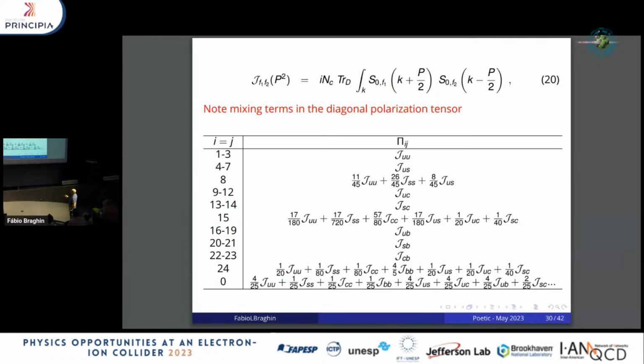And then this is the structure of the polarization tensor if you consider all the terms with those mixing terms that appear by considering everything in the adjoint representation. So if you see, this is generator 8, the 15, and then 24 and 0. They have mixing terms that are very strong, with large contributions, numerically speaking.